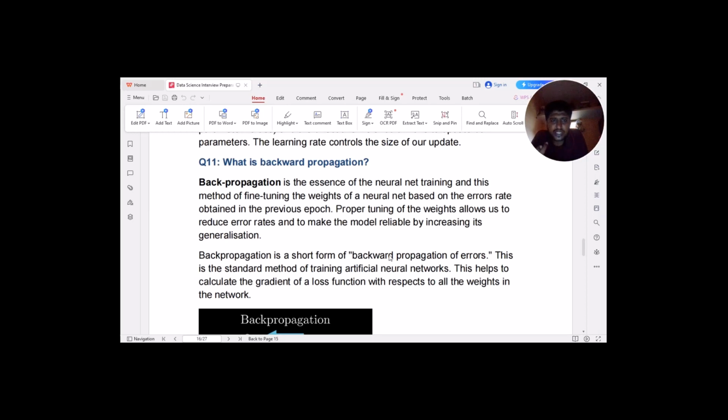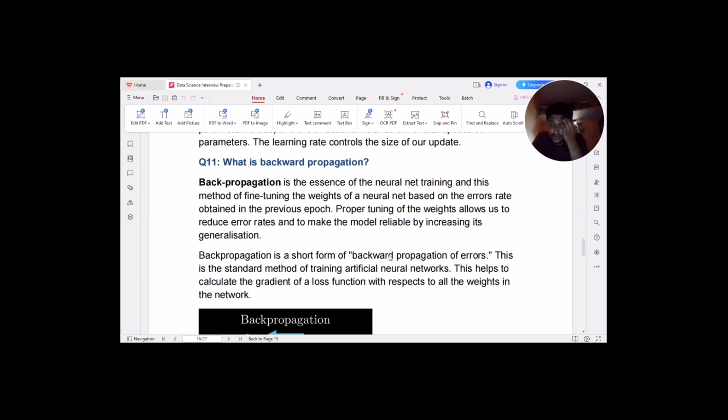Now another question is, what is backpropagation? Backpropagation is the essence of neural net training, a method of fine-tuning the weights of a neural net based on the error rates obtained in the previous approach.